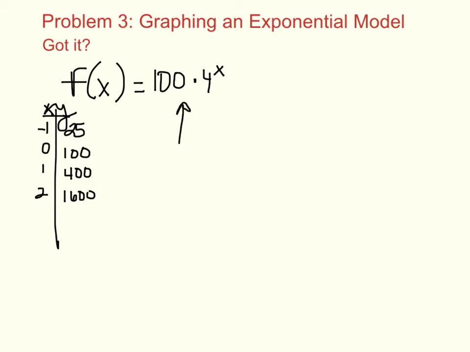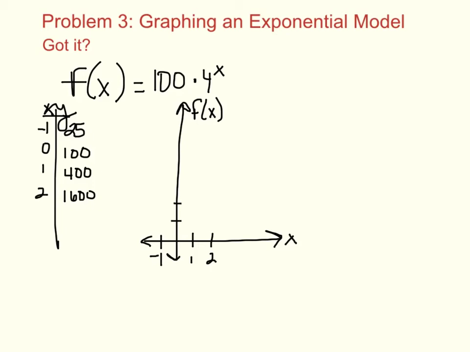Now, when you graph this, notice I'm labeling this f of x since we're not talking about y here. I'm going to label my x, which is the number of times you zoom out, by 1s. And I'm going to count by 200. 2, 4, 6, 8, 10, 2, 4, 6.